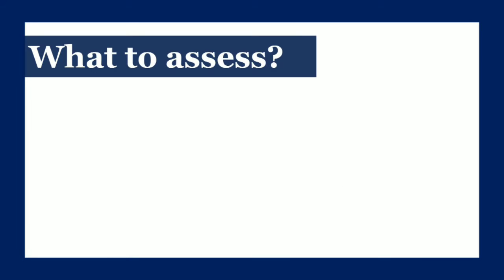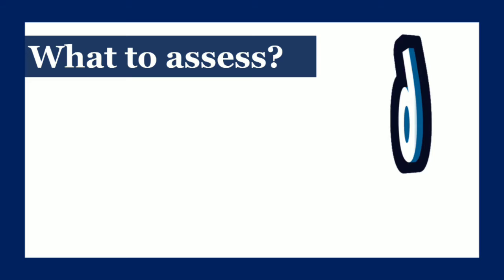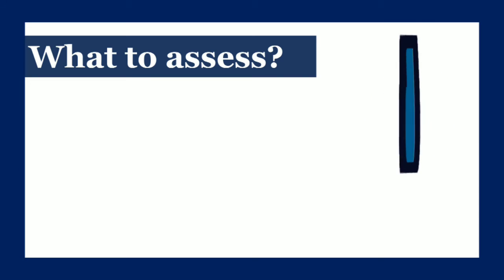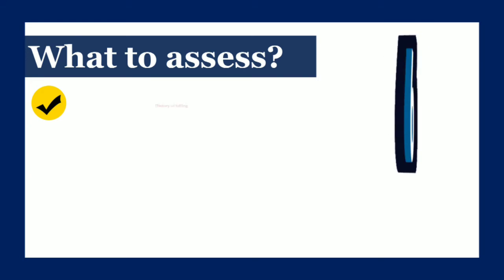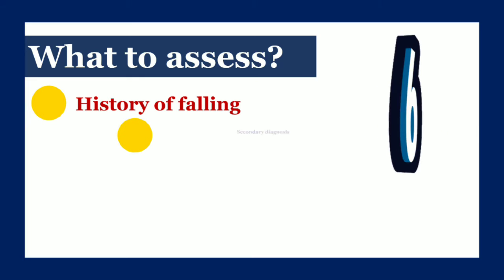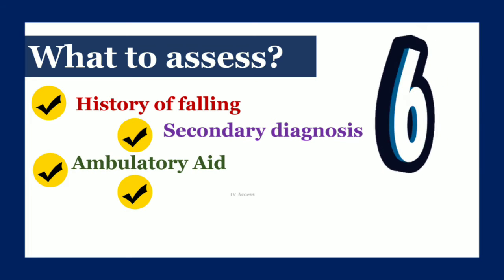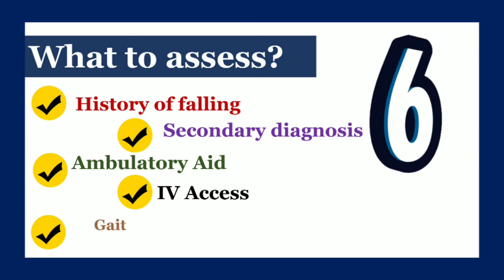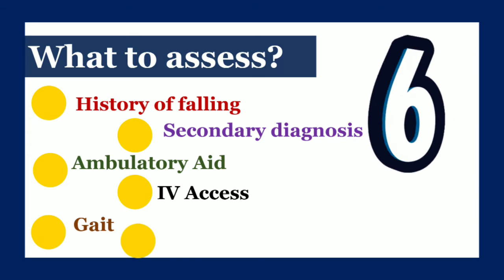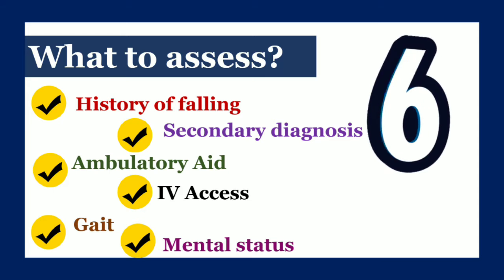What are the parameters to assess in the Morse Fall Scale? There are 6 components to assess. The first one is history of falling, then secondary diagnosis, ambulatory aid, IV access, gait, and the last one is mental status. So these are the 6 parameters we are going to assess.